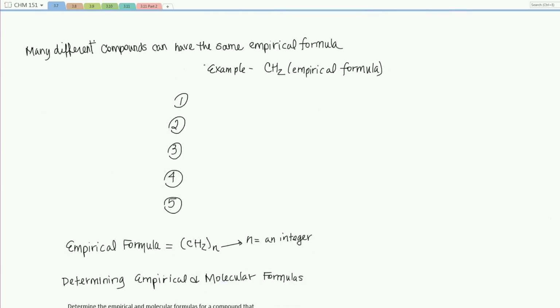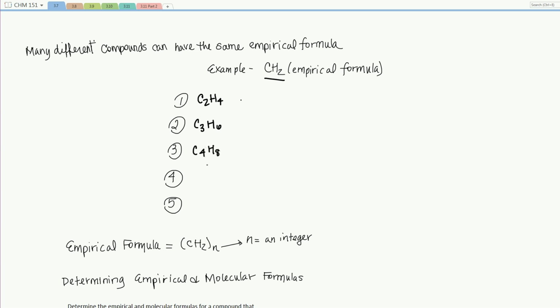Many different compounds can have the same empirical formula. For example, if we have CH2 as the empirical formula, we could start with any of the following molecular formulas. C2H4, there you could divide both of those by 2 to get CH2. C3H6, could divide both by 3 to get CH2.